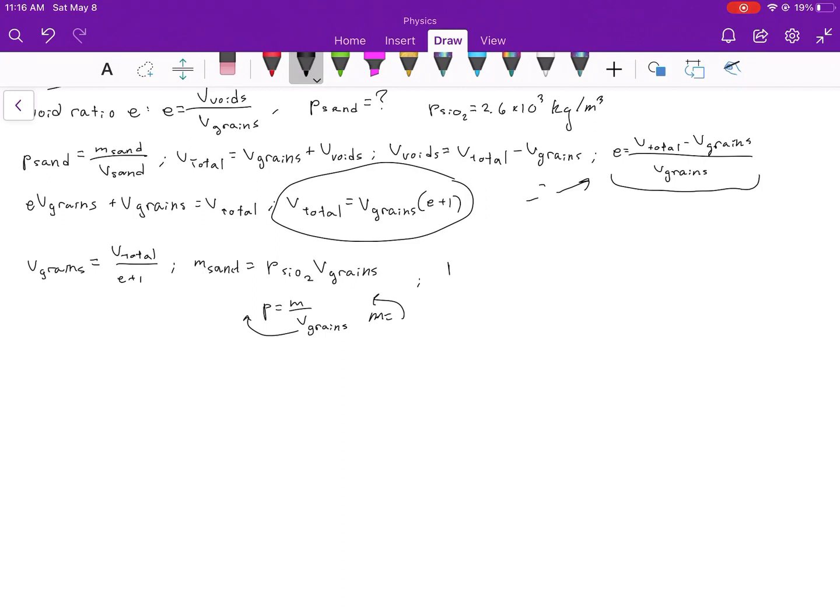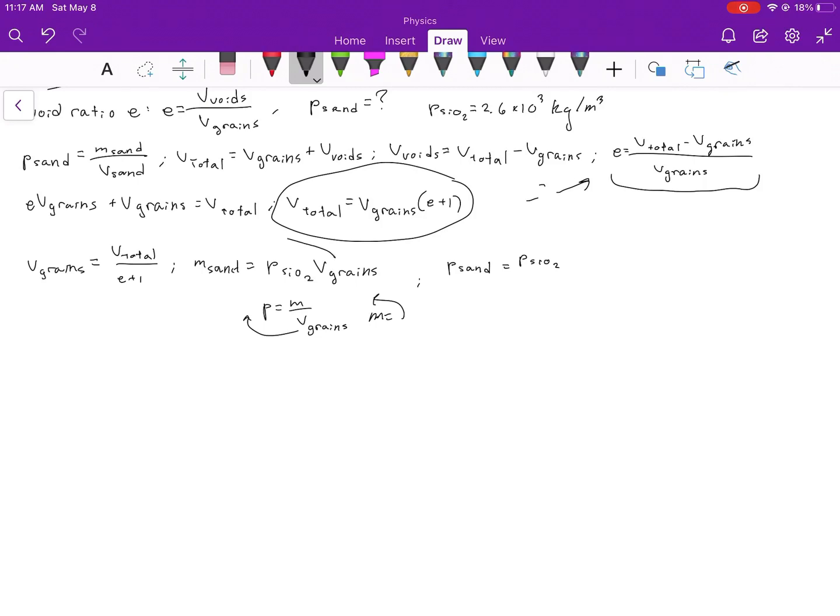Okay, now we want the density of the sand. And we got the mass of the sand, which is ρ SiO2 times V grains.